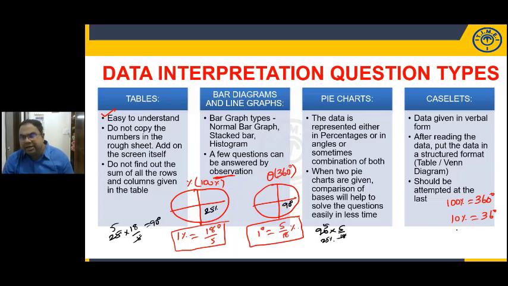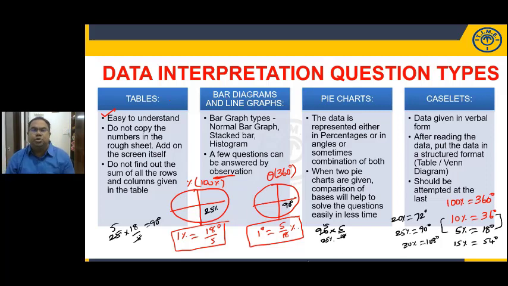So 10% is 36, 5% is 18 degrees. Add these two. These are the standard values which you should remember. 15% is 36 plus 18, 54 degrees. 20%, 72 degrees. 25%, 90 degrees. 30%, 108 degrees. These are the standard values which you should remember.